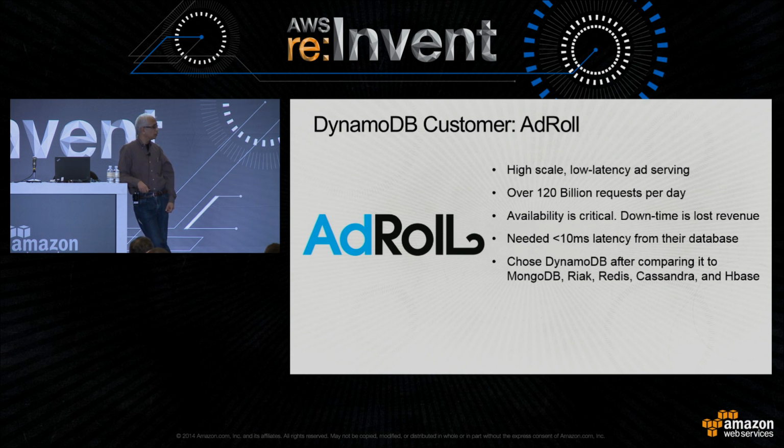Before they came to DynamoDB, they had tried Mongo, they tried Cassandra, they tried every other NoSQL store, and it just wasn't scaling to their needs. It wasn't providing the kind of availability and performance that they needed, and they switched to DynamoDB over 2 years ago and have been delighted with it ever since.